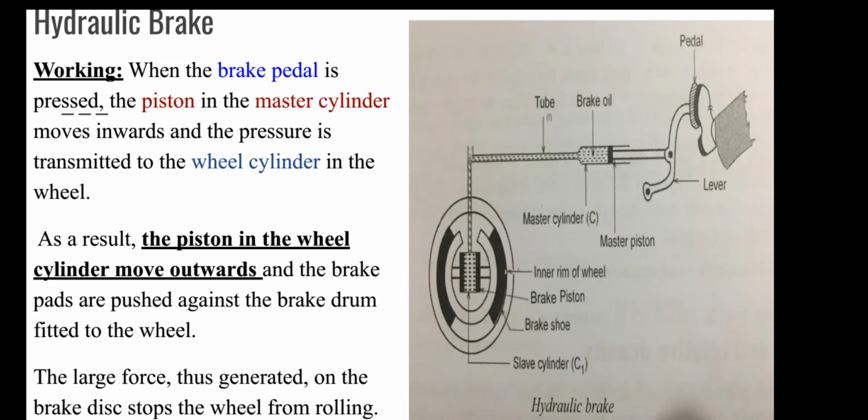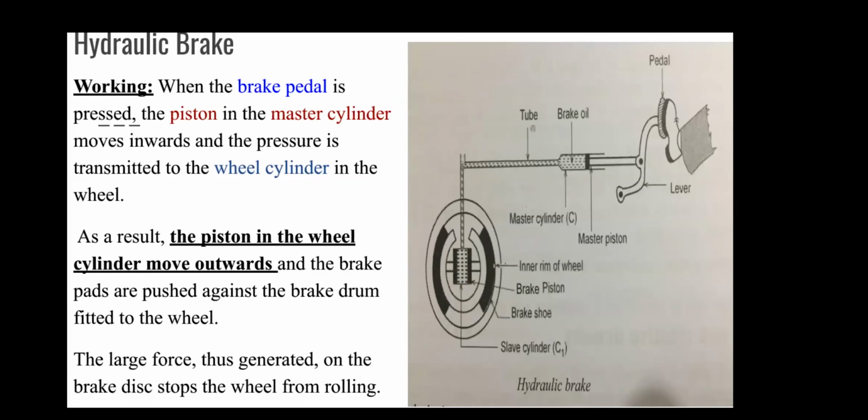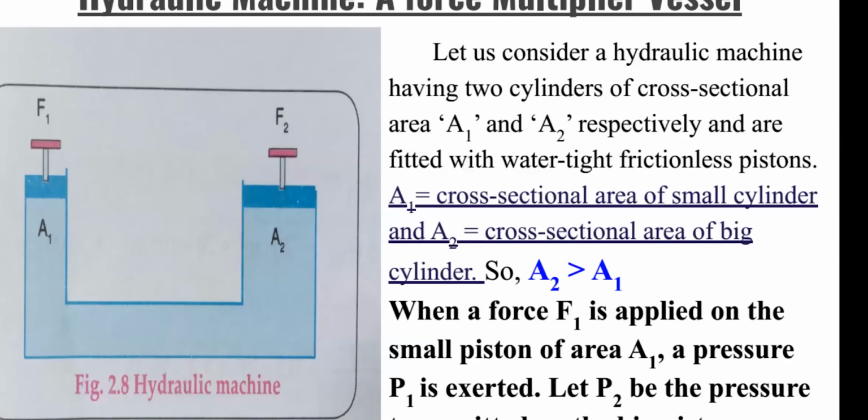So the conclusion we can make is that the principle of the hydraulic machine is that a big force can be produced, even by applying a small force on a small piston.